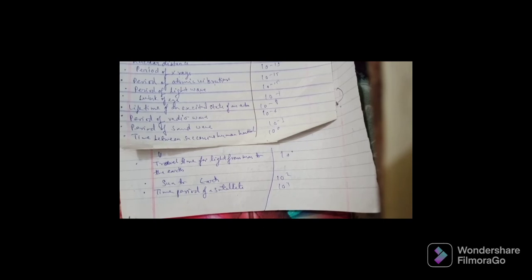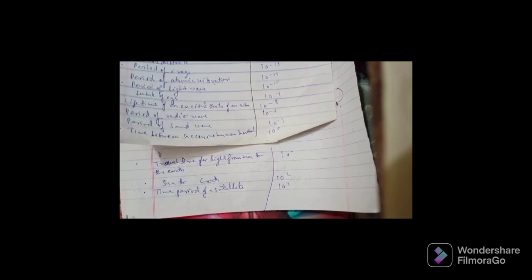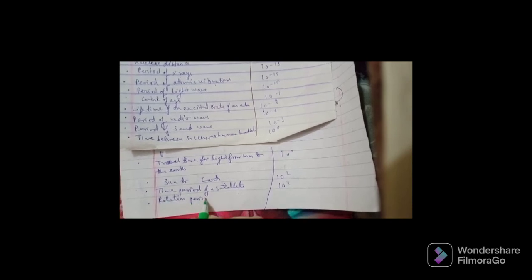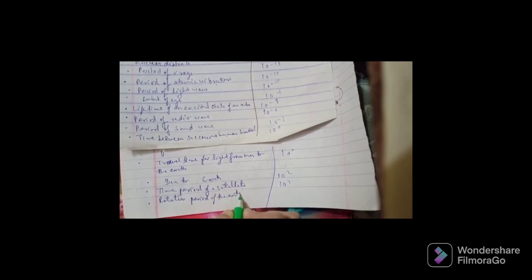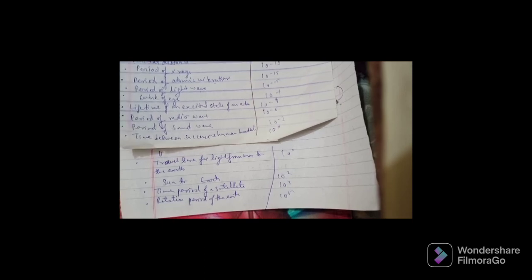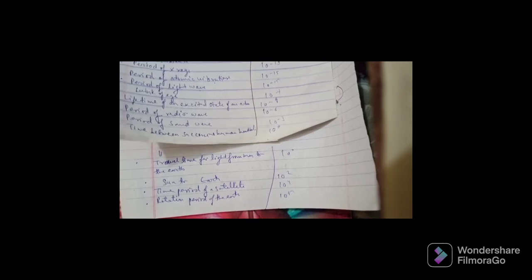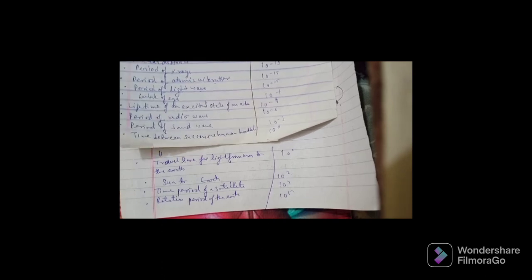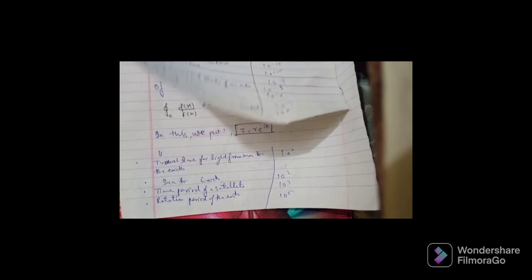Rotation period of the earth, which is 10 to the power 5. And then we have the rotation and revolution period of the moon, that is 10 to the power 6. Revolution period of the earth is 10 to the power 7. Travel time for light from the nearest star is 10 to the power 8.